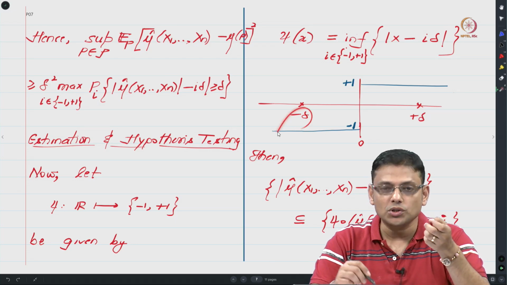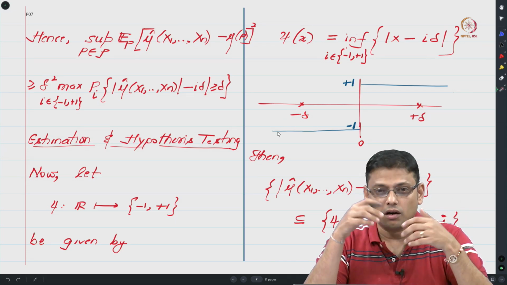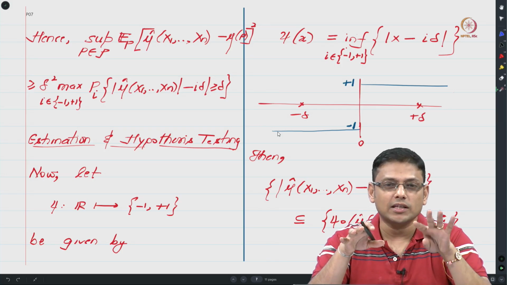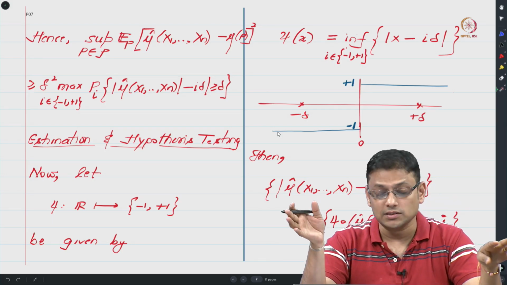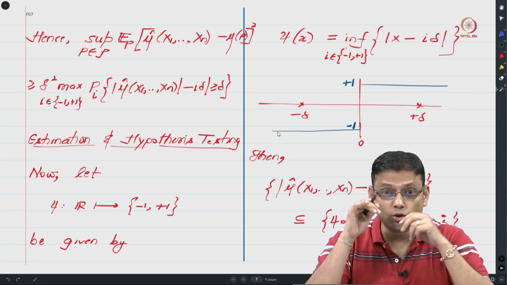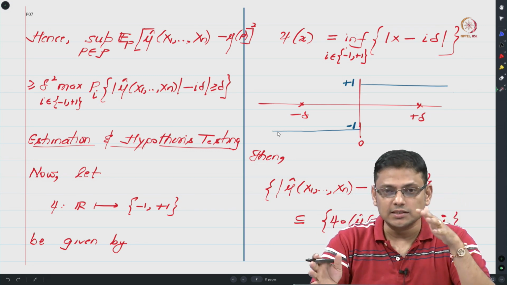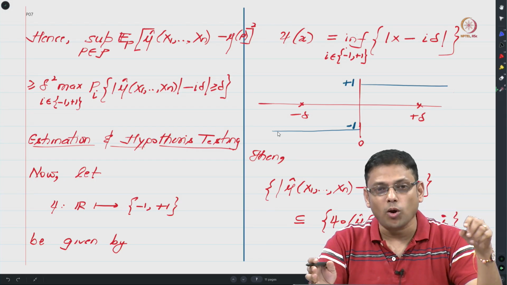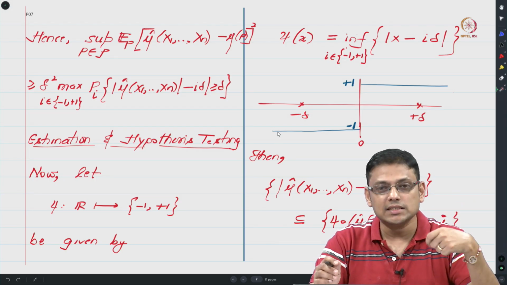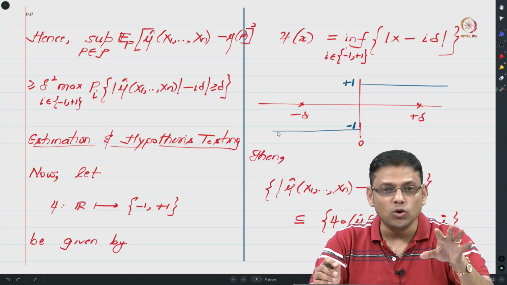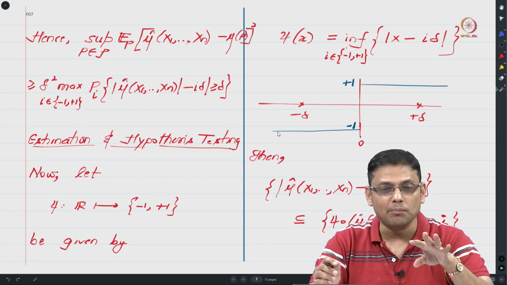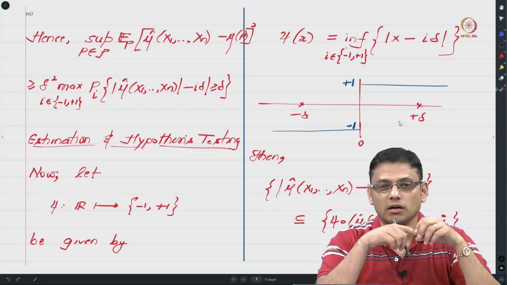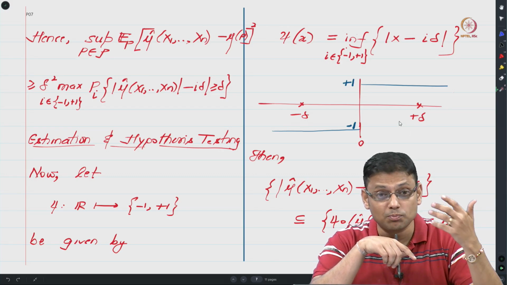Instead of wanting to estimate what the mean is, we are only wanting to say whether it is coming from this distribution or that distribution. So in the estimation problem we want to estimate the mean, whereas in hypothesis testing, having looked at the samples, we want to know whether these samples come from the distribution whose mean is minus delta or the distribution whose mean is plus delta.